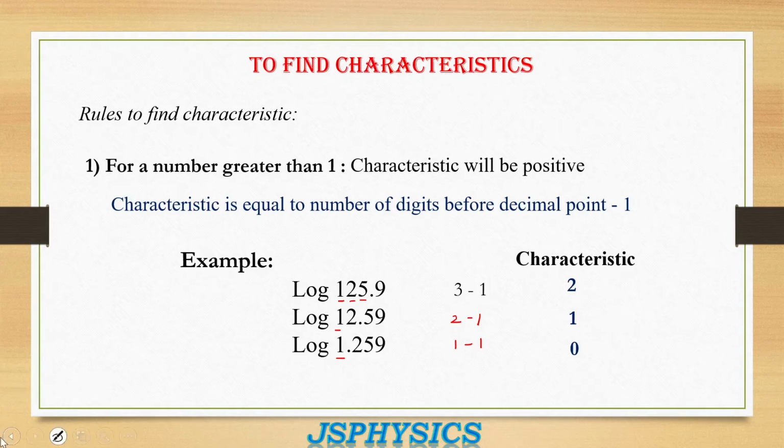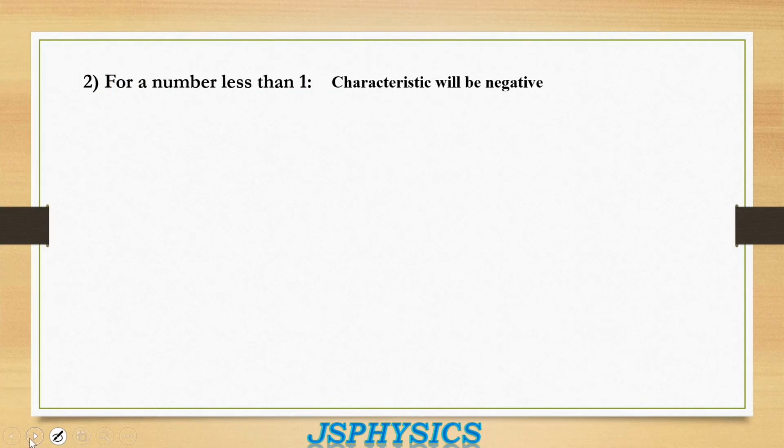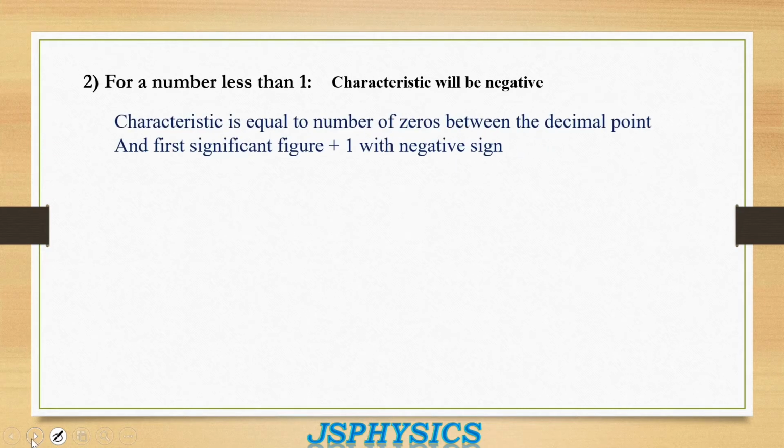Now let us say if the number is less than 1, then how to find the characteristic? So second rule is for that. For a number less than 1, the characteristic will be negative. The rule is this. We have to find number of digits between the decimal point and first non-zero number plus 1 with negative sign. So let us take one example.